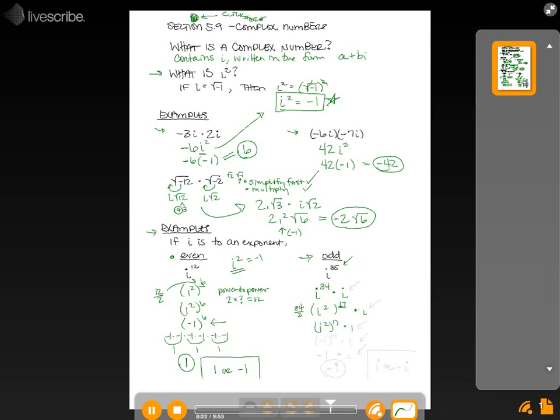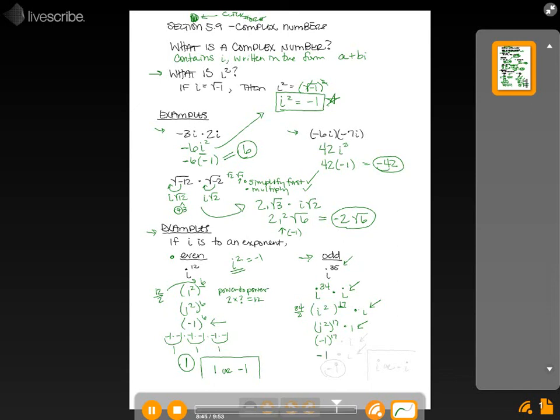This, again, is because it's odd. Make sure you keep that I on the outside. Now it's -1 to the 17th power. If I have -1 to an odd power, they're not going to pair up like they did when I had -1 to the 6th. That was an even exponent, an even power, and they all paired off and gave me a positive answer. If I have -1 to the 17th, it's just going to be -1.